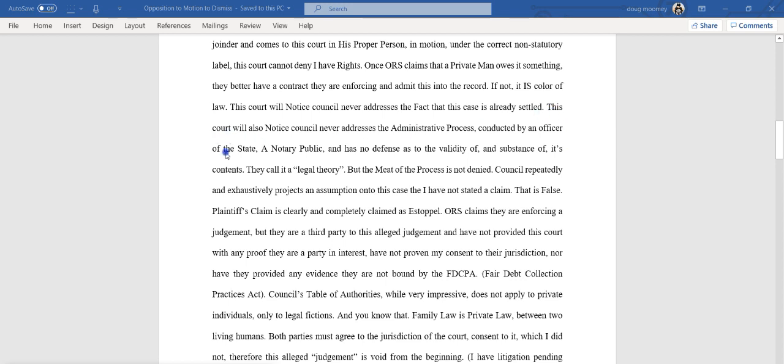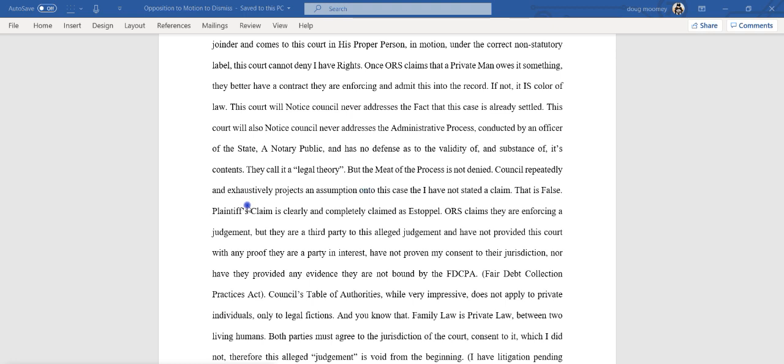This court will also notice counsel never addresses the administrative process conducted by an officer of the state, a notary public, and has no defense as to the validity of and substance of its contents. They call it a legal theory, but the meat of the process is not denied.